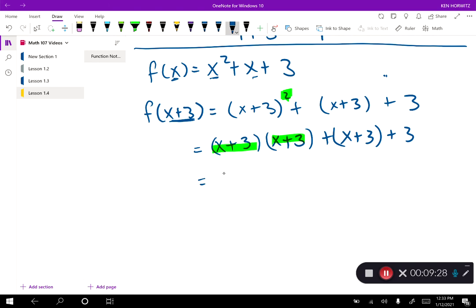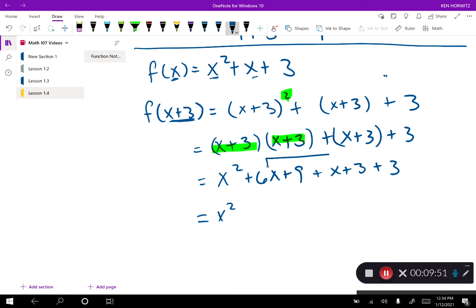So when you multiply those things out, it's x squared plus 6x plus 9 plus x plus 3 plus 3. These parentheses can be dropped because they're all pluses. There's no multiplication that has to be done. And now we can focus on combining like terms. So I have x squared.